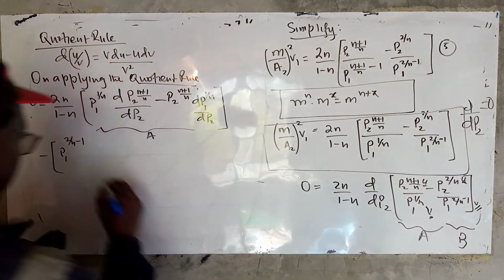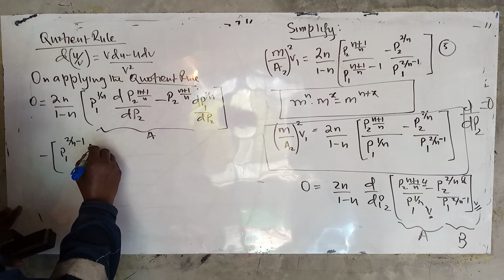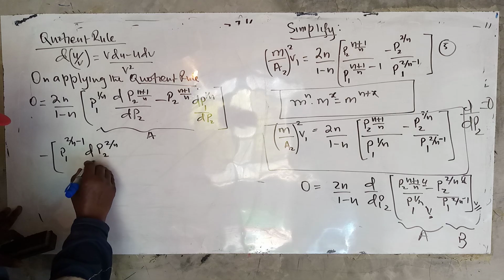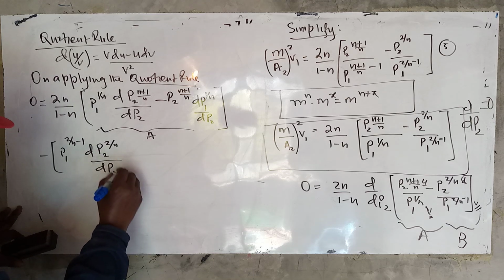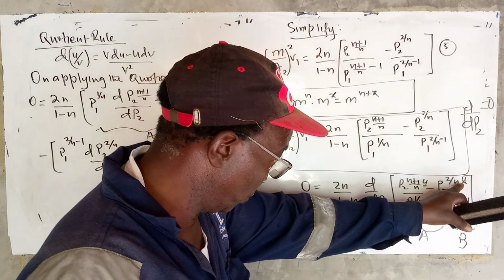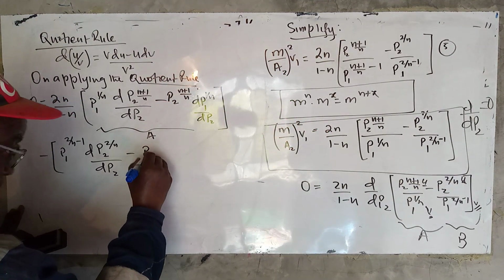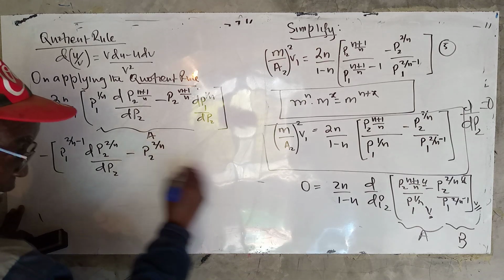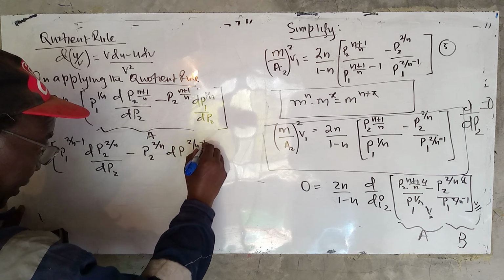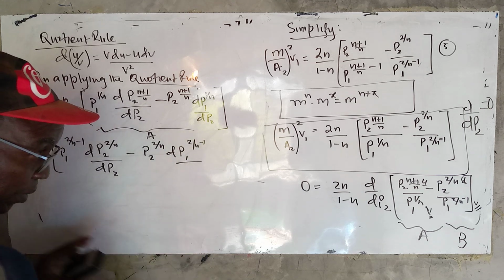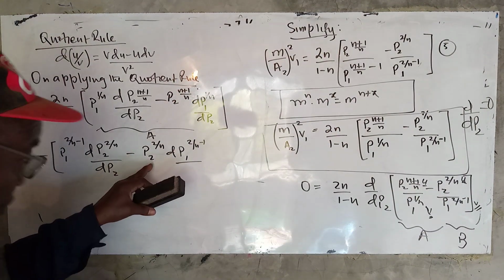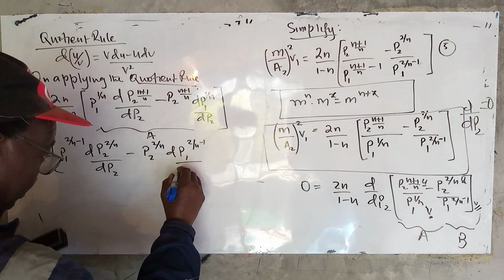V du, which is d of P2 to the 2 over n, dP2, minus u dv, that is P2 to the 2 over n times d of P1 to the 2 over n minus 1, dP2.